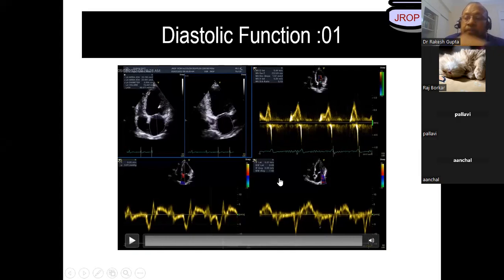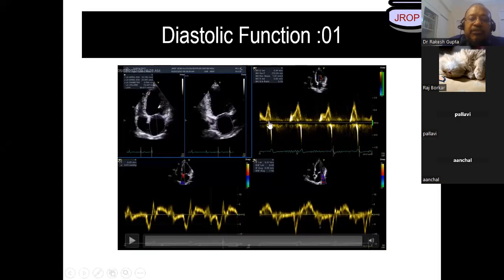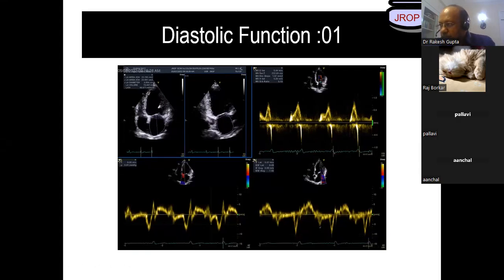The E/A ratio is 0.5 and the E velocity is 0.53. So A is more than E, but the E value per se is almost just 0.5.